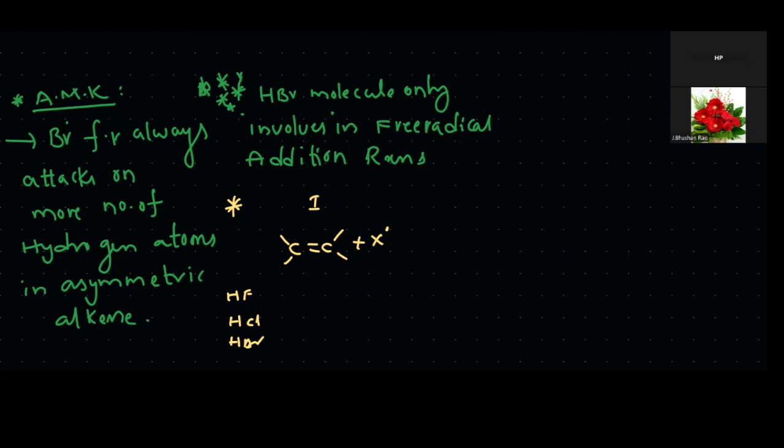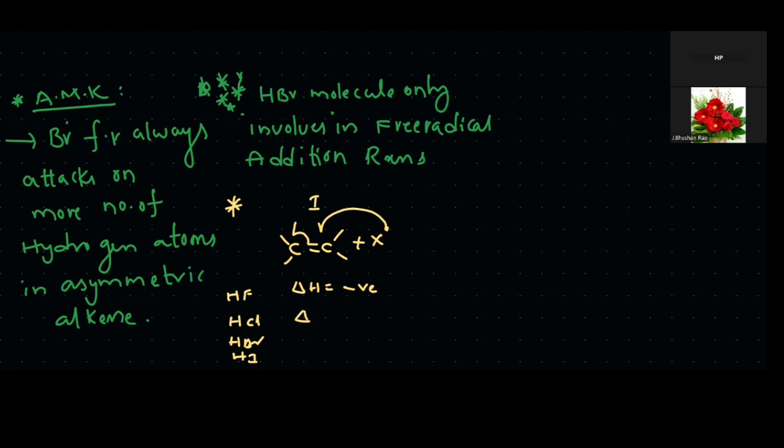In the first case, when the free radical attacks this alkene molecule, the delta H value, when both come close to each other, it releases energy. The releasing energy is represented with a negative sign. So if HCl is involved in the reaction, delta H is negative, releasing energy.